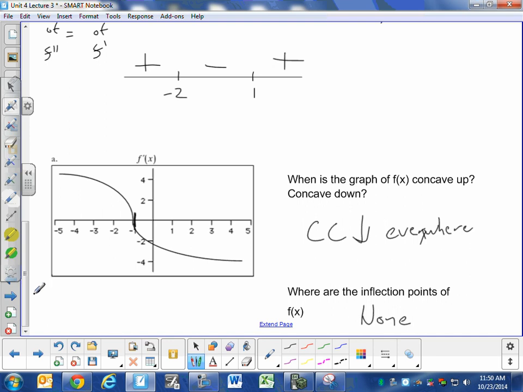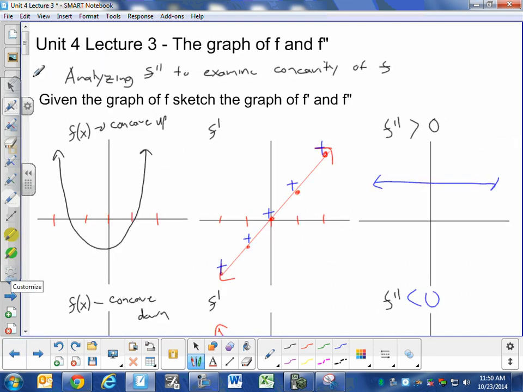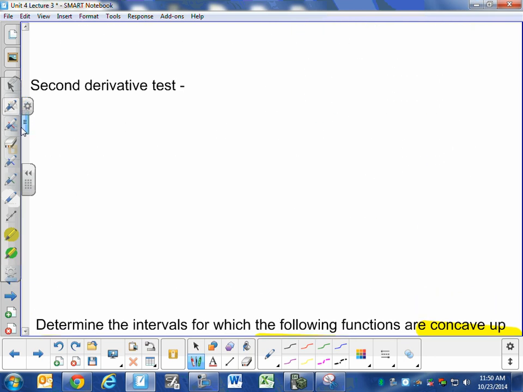Now, let's discuss, because you'll see it on your homework, something called the second derivative test.